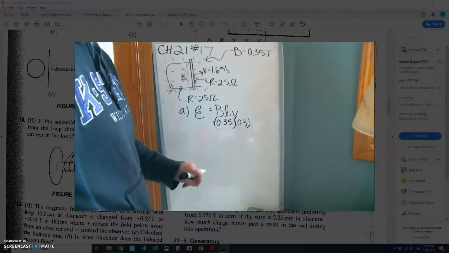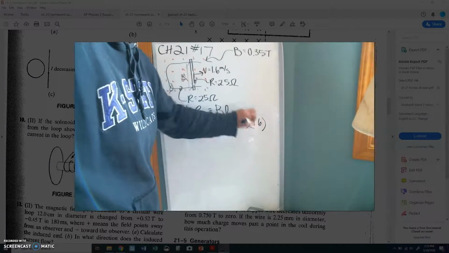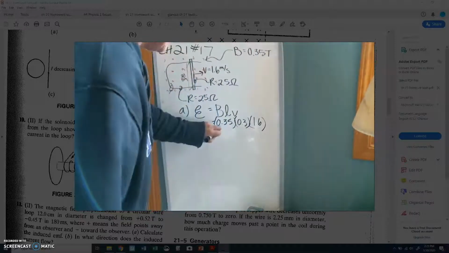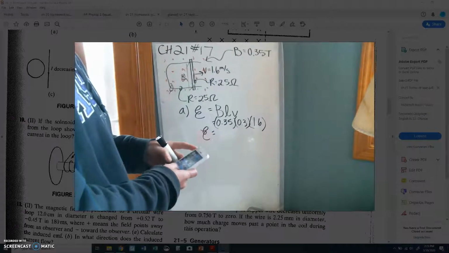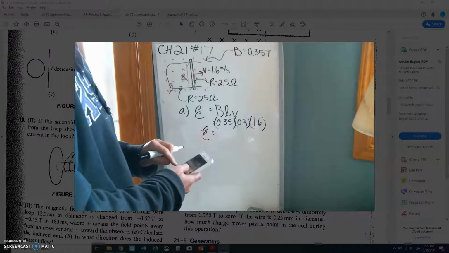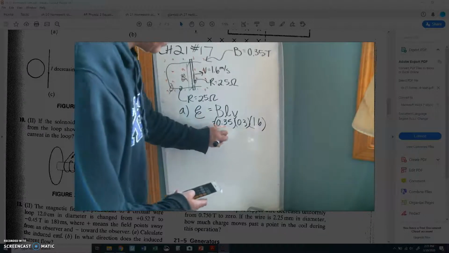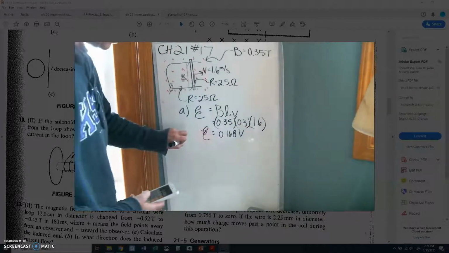Remember, SI units. And then speed, 1.6 meters per second. So this EMF is 0.35 times 0.3 times 1.6, which is 0.168, and our unit is volts.